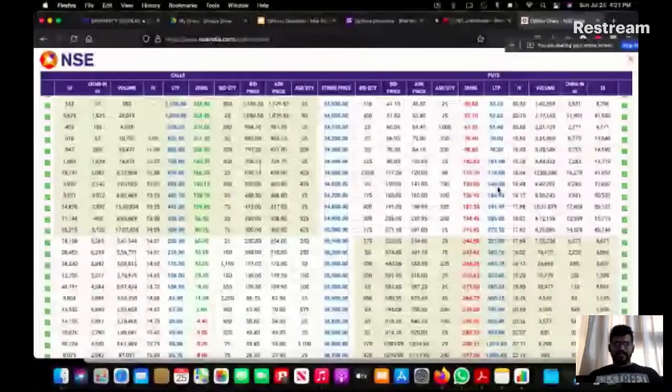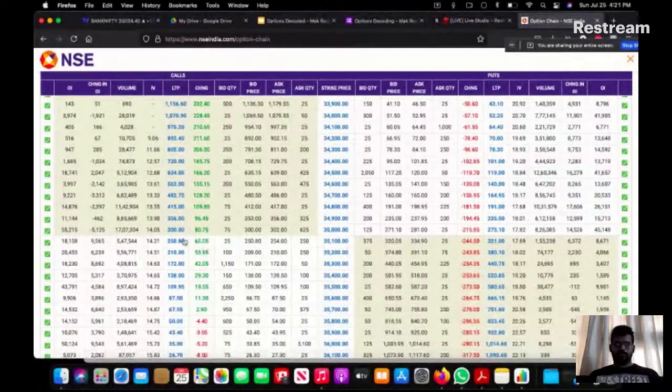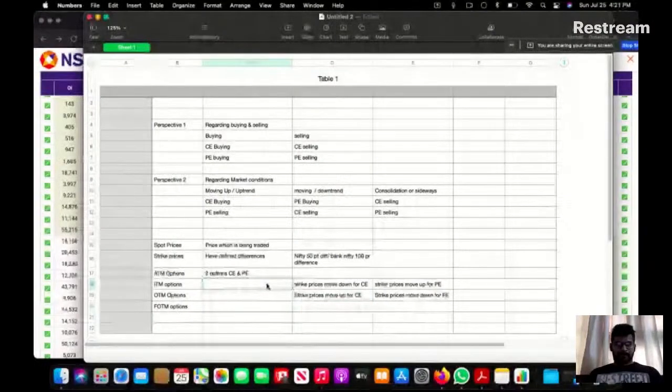So it's basically simple to understand an option. At the money has two options, both call and put. For in the money, there is one call and one put. Out of the money also has one call and one put. This is the combination. I'll explain it to you. Far out of the money is also one call and one put.